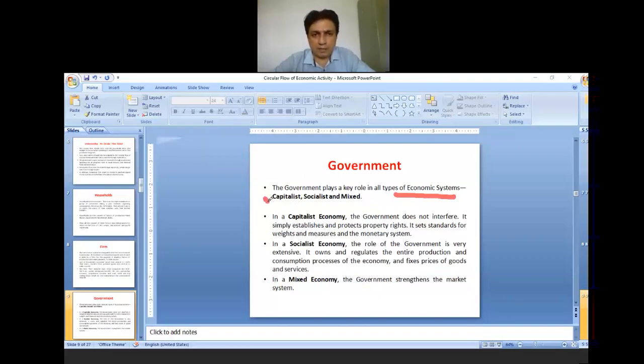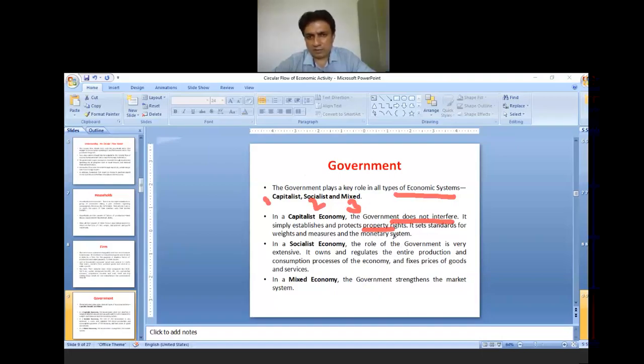One is the capitalist system, second is the socialist system, and the third is the combination of capitalist and socialist systems. In a capitalist system, the government does not interfere. It simply establishes and protects property rights. It sets standards for weights and measures and the monetary system.